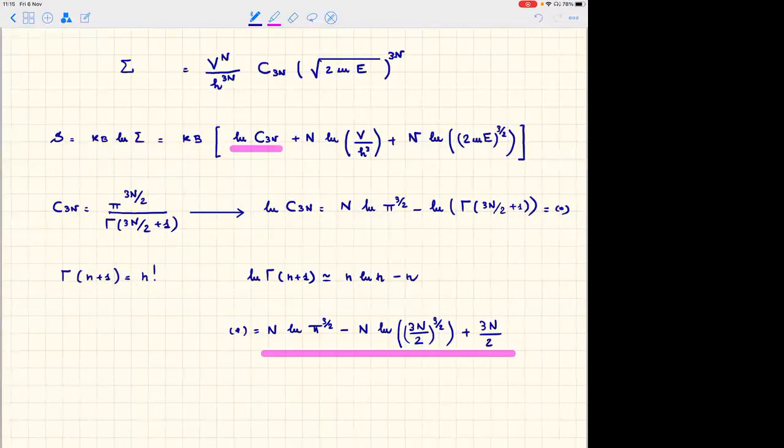Sorry, Professor. Yes. Does this mean that n must be a multiple of 2, so that 3n over 2 is an integer?